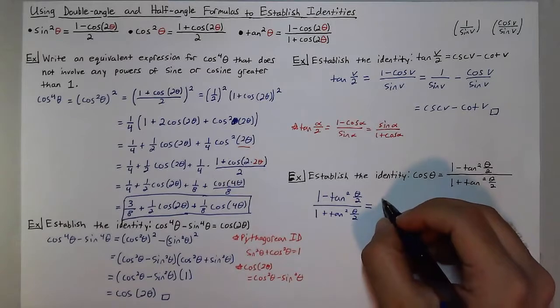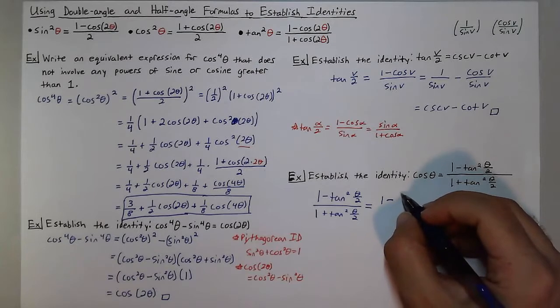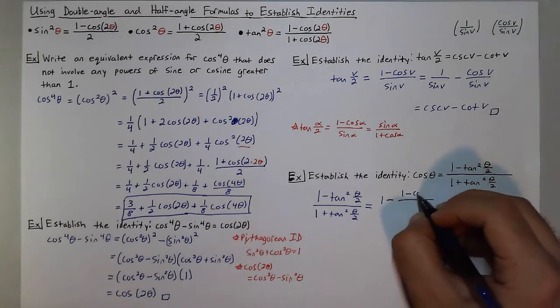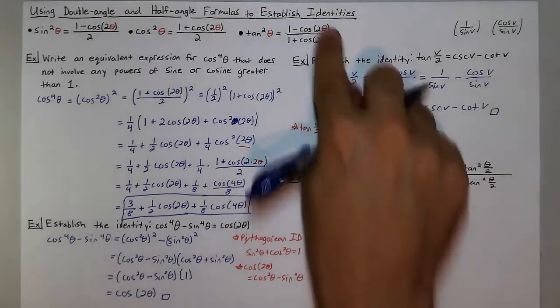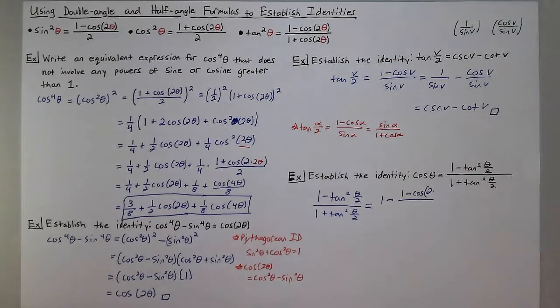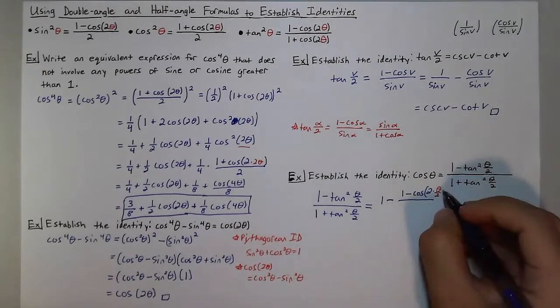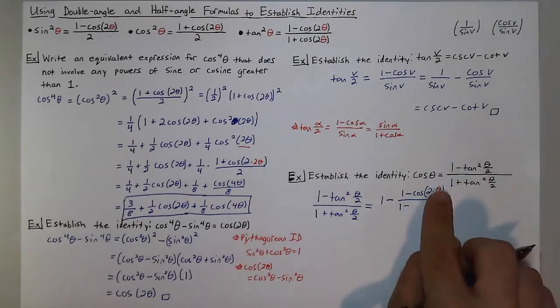So I'll get 1 minus, because it's going to be a fraction, 1 minus cosine of 2 times theta, but theta in this case is theta over 2, which would just simplify to theta.